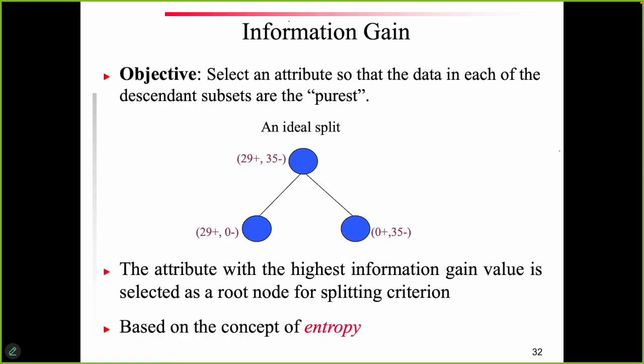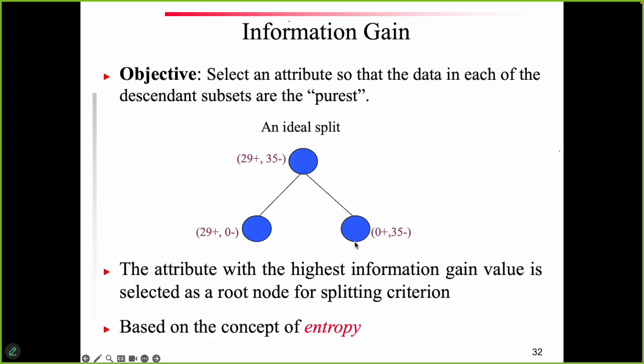But in practice, this is not that ideal, because it also causes overfitting, especially if you have lots of distinct values. I'm going to explain more about this later. For now, I would like you to know that the goal of information gain is to make a split as close to an ideal split as possible, which means as pure as possible.